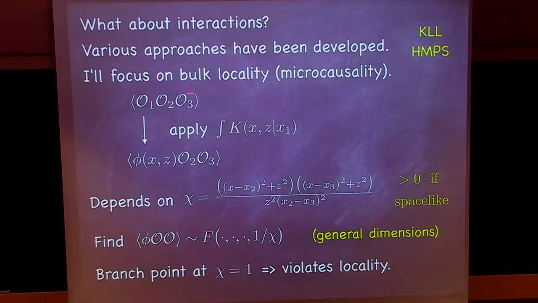The 3-point correlator, its form is fixed by conformal invariance. You also know these smearing kernels explicitly, so you can just do this integral. You get an answer that depends on, it's convenient to work in terms of this variable chi. It's an AdS invariant cross ratio that depends on one bulk point and two boundary points.